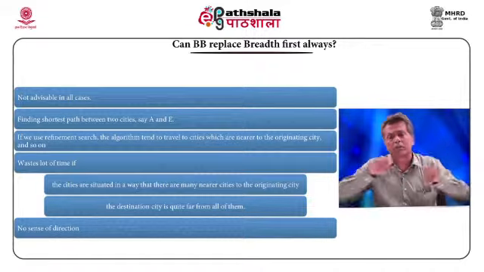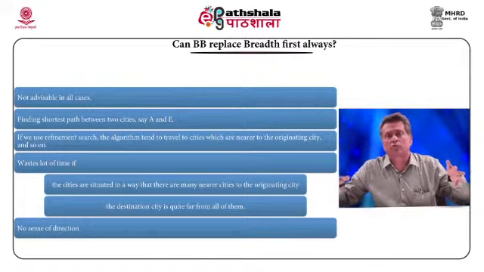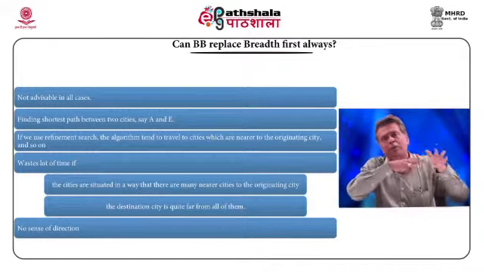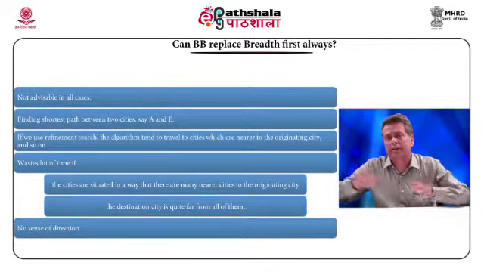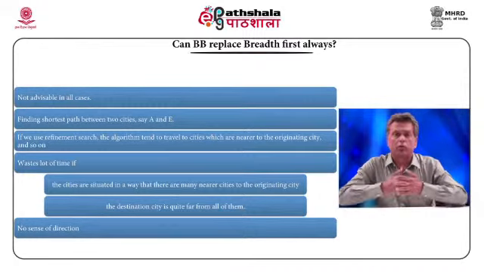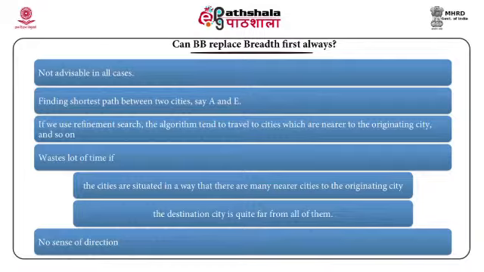So, if you use a breadth first search, you are likely to get the solution much faster. If you use branch and bound, it will keep traveling in this direction continuously for quite a large period, and that is why it will take more time to converge. So, branch and bound, however good, does not have any sense of direction in the true sense. And remember, the true sense of direction can only come if you have a good heuristic. Otherwise you won't have it. So, that's the point I would like to make here.